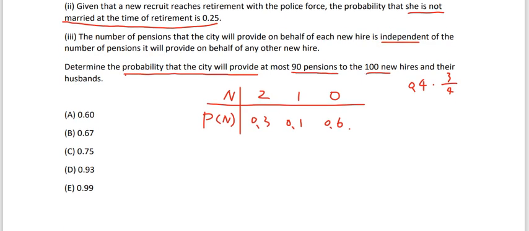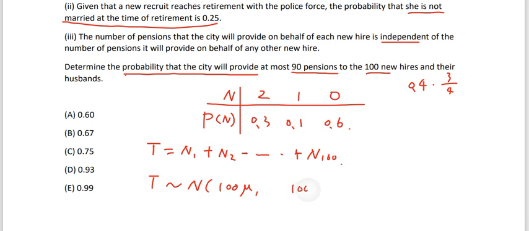Now we want to find the total for those 100 people. Let the total T equal N1 plus N2 up to N100. This T will follow a normal distribution with mean 100 mu and variance 100 sigma squared.